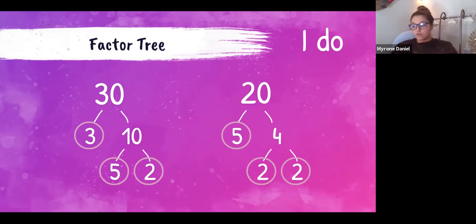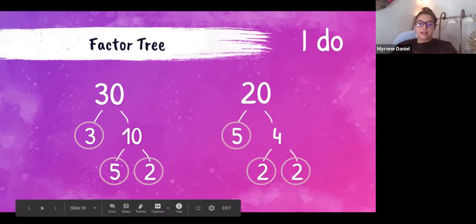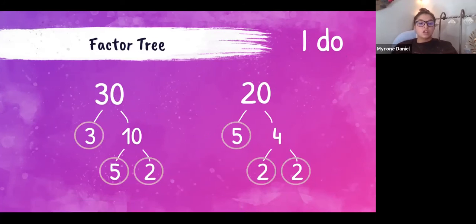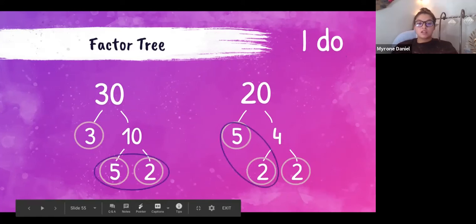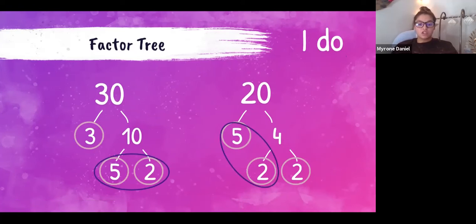So now we want to figure out what numbers they have in common. I see a 3 as a factor, and I see 5, so the common numbers in these two are going to be 5 and 2.